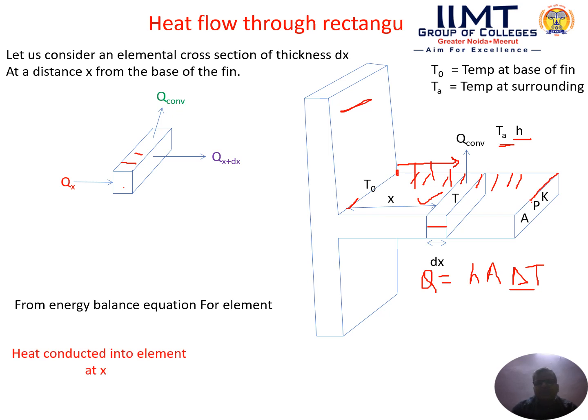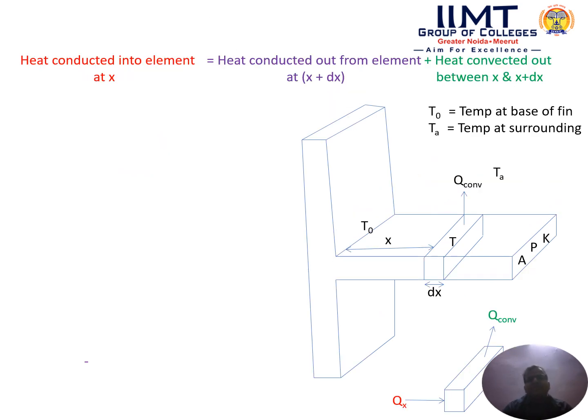That means the heat conducted into the element at x is equal to the heat conducted out from the element at x plus dx plus the heat convected out between x and x plus dx.